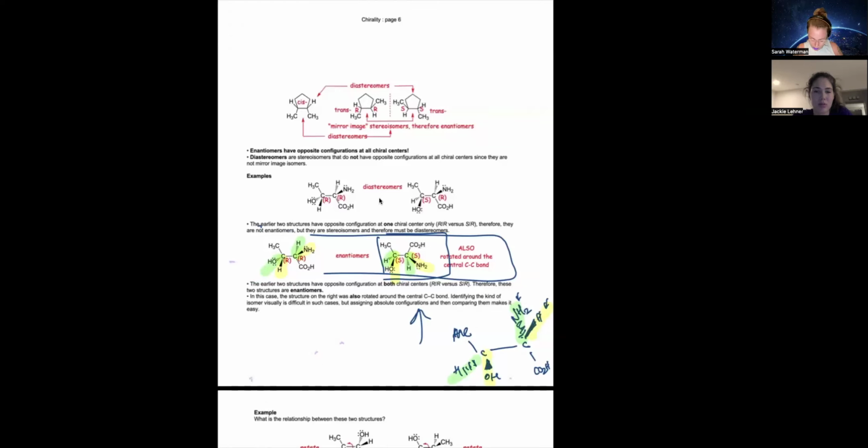I thought the wedge would be a dash, and the dash would be a wedge. But if you look at the molecule on the right, the hydrogen is still dashed and the NH2 is still wedged, even though we rotated.